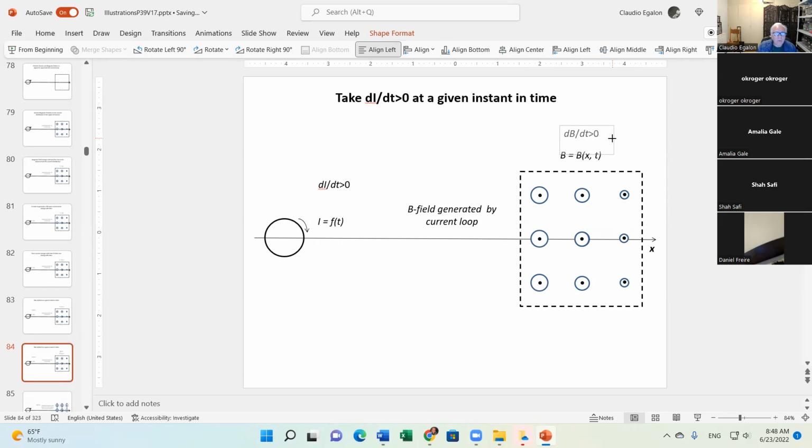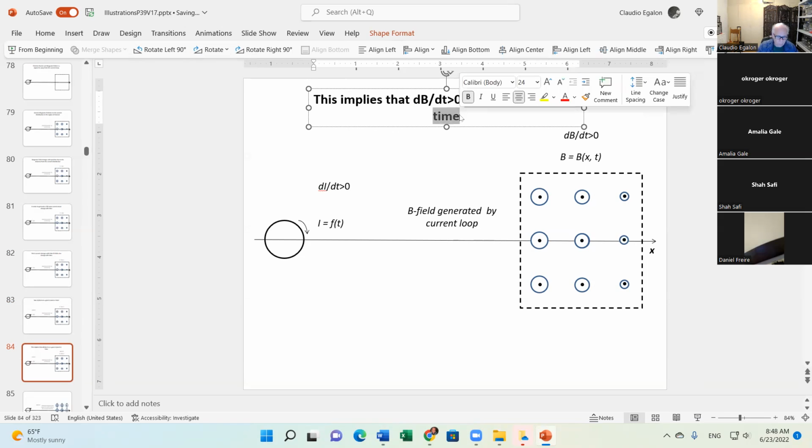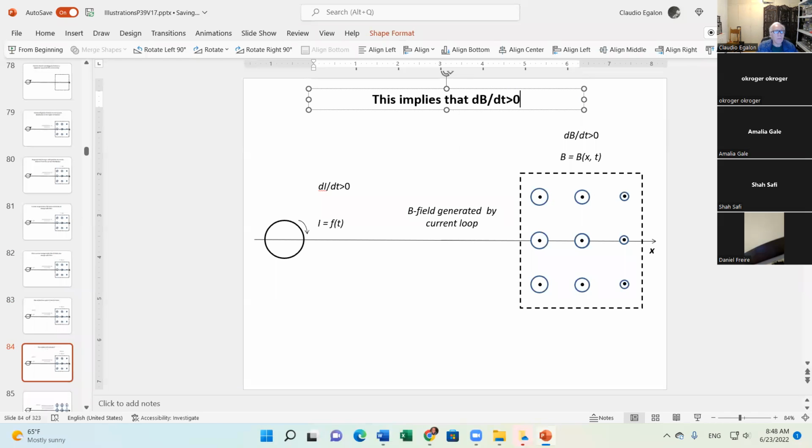This implies that dB/dt is also positive.